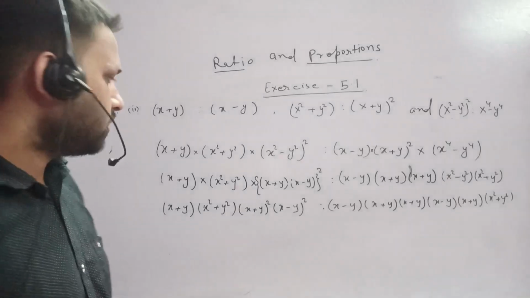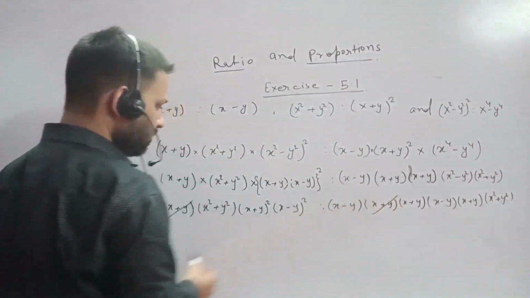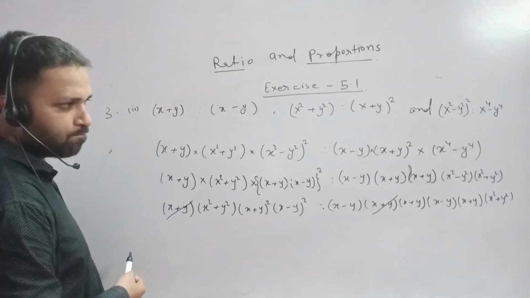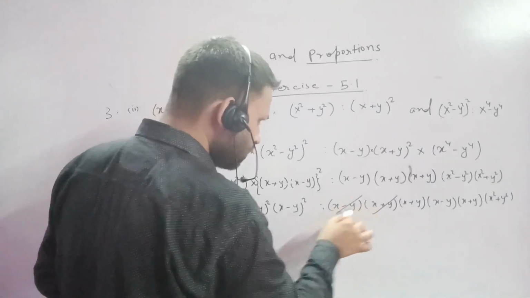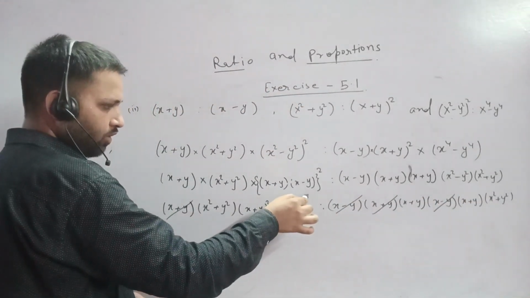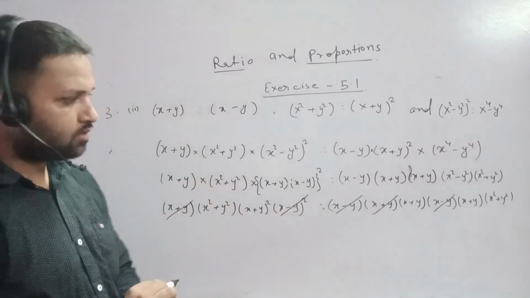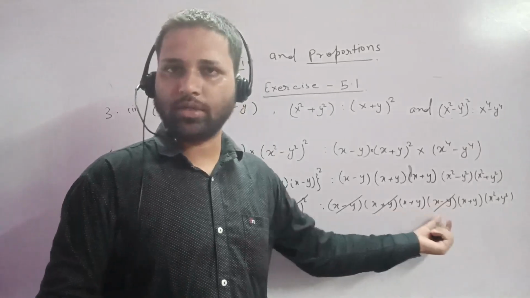Now if we simplify x plus y with x plus y and x minus y, you get 2 times x minus y. Then you cut, because 2 times x minus y gives (x minus y) whole square.